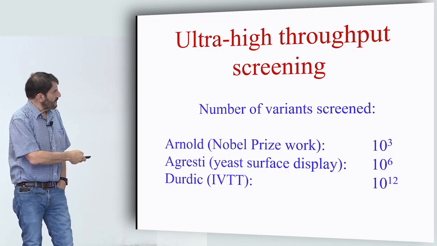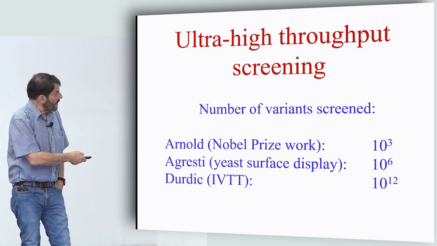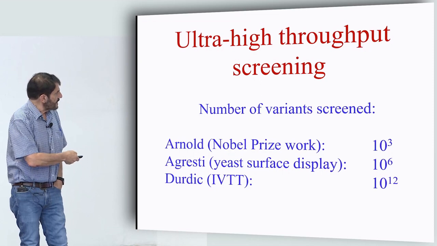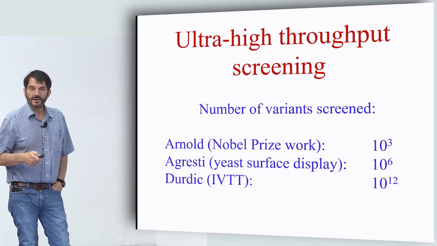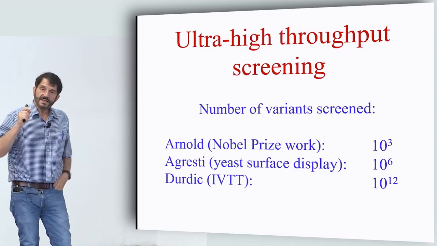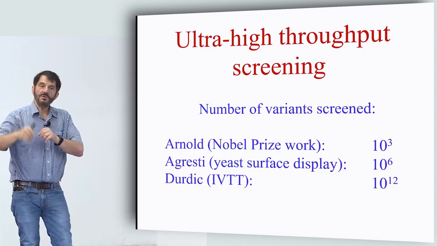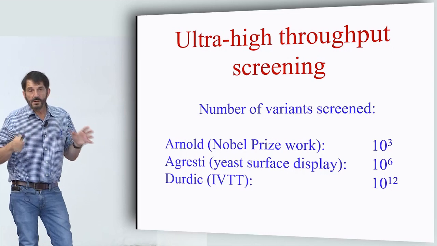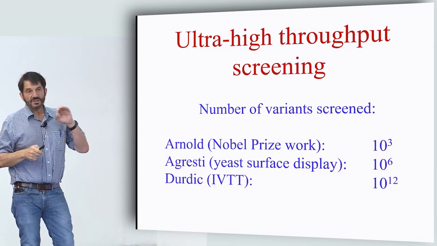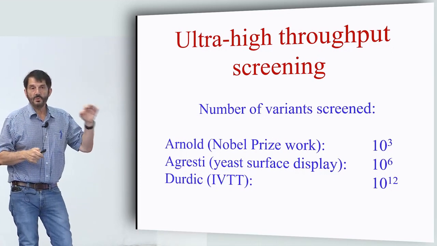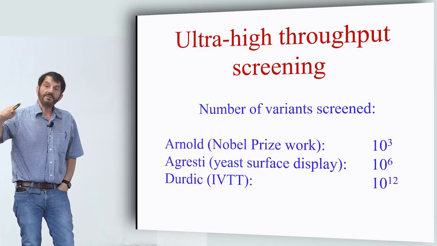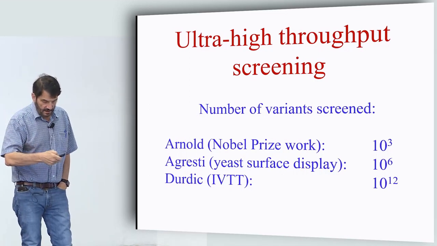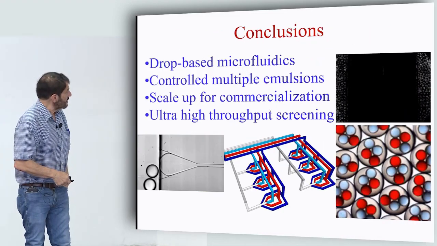When we did the yeast surface display a few years ago, we thought we could do about 10 to the 6 variants, and now with this in vitro technique, we can do 10 to the 12 variants. Really, the number of variants tells you how far in fitness space you can go. With this, by looking at 10 to the 12 variants, we can actually see 3 or 4 mutations away and still see something. So now we can find things that work in completely different ways. We can really find new types of enzymes.